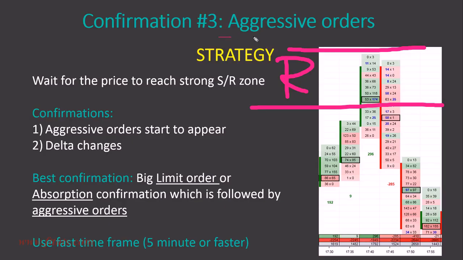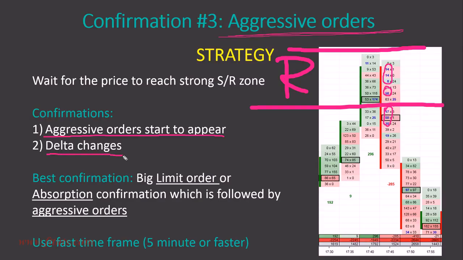You're looking for aggressive sellers. So the confirmation could be aggressive orders start to appear in here, those imbalances, those are aggressive selling orders. When they start to appear, it's time to go short.